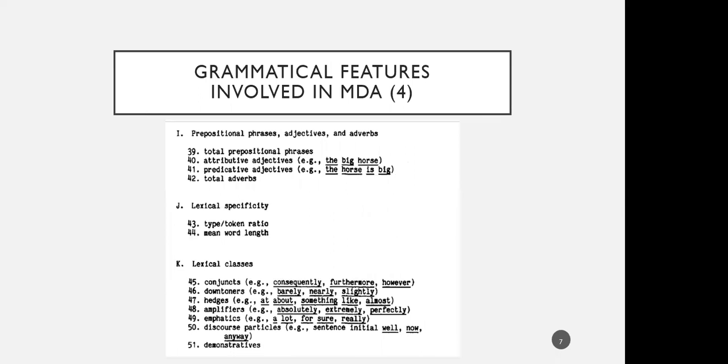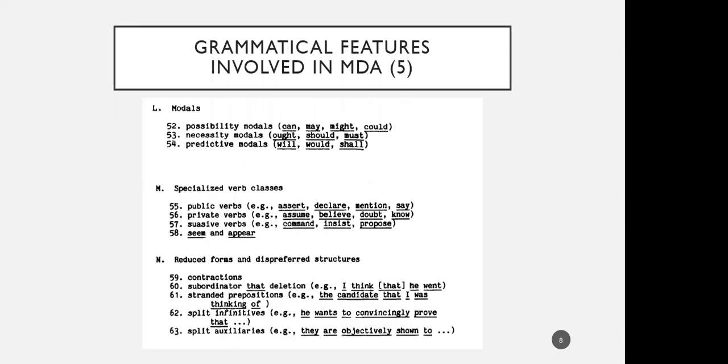Then the next grammatical class is called prepositional phrases, adjectives, and adverbs. Some features of lexical specificity, namely type-token ratio, mean word length. And different lexical classes are also involved in multidimensional analysis. They are conjuncts, downtoners, hedges, amplifiers, emphatics, discourse particles, demonstratives.